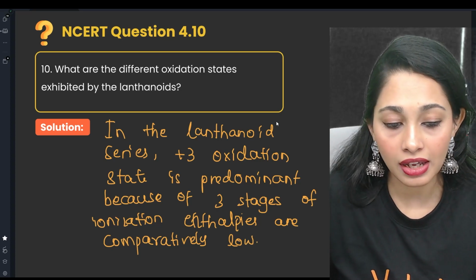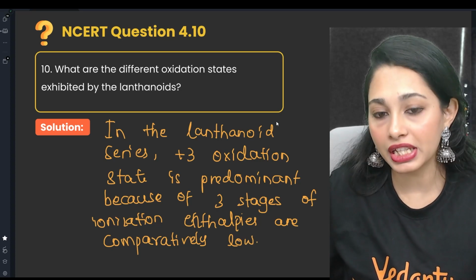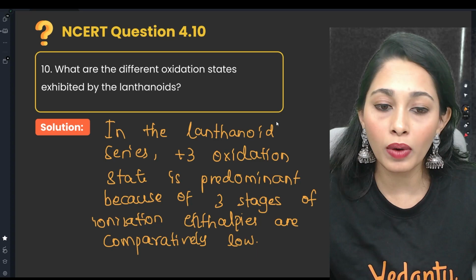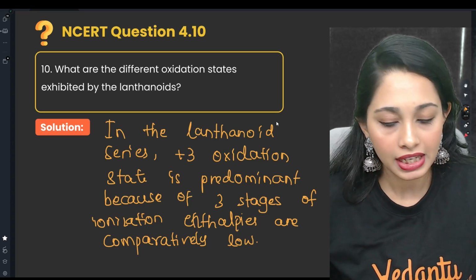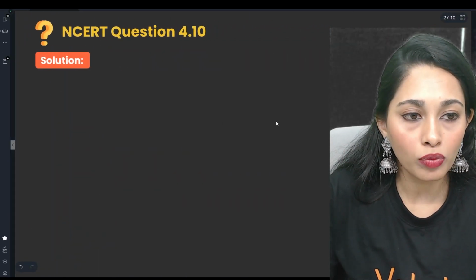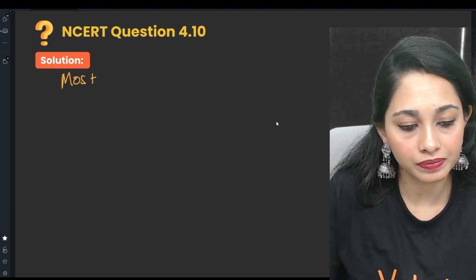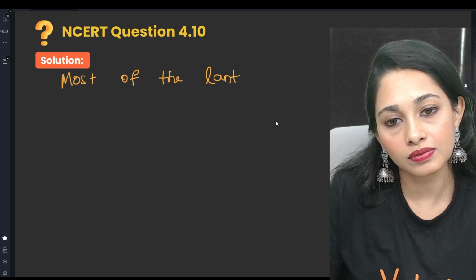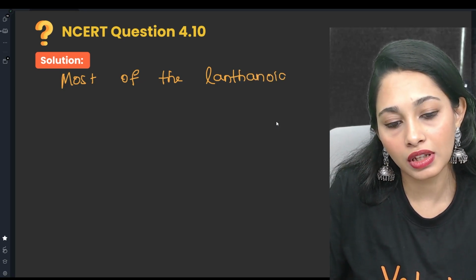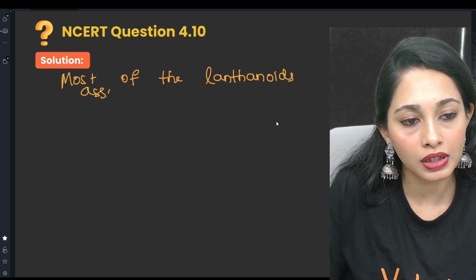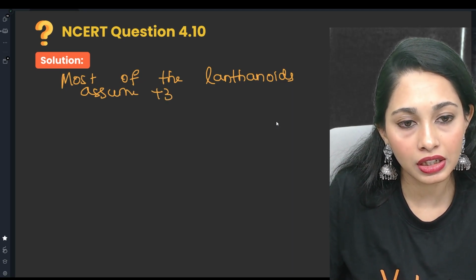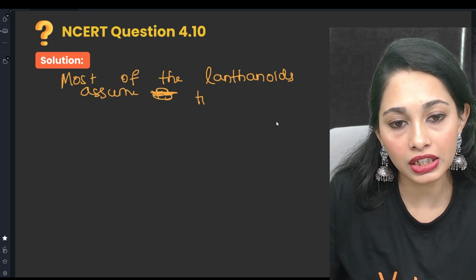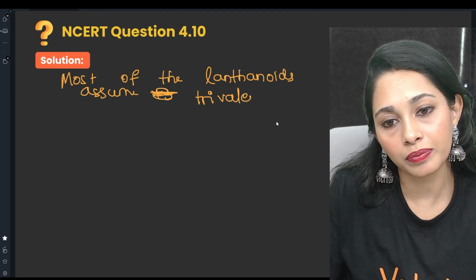So these elements will assume trivalent ionic states. Most of the lanthanoids assume +3 or trivalent ionic states.